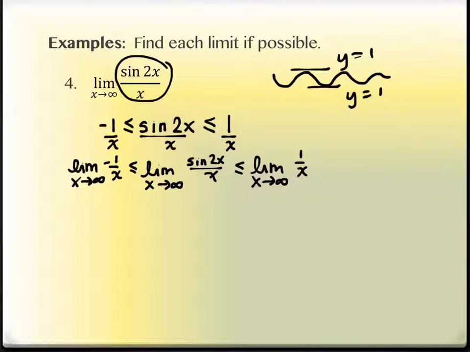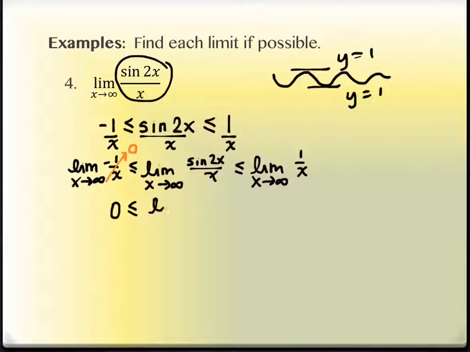So why do we like this? Well, we like this because the limit on the left as x approaches infinity of -1 over x is 0, right? Because this looks just like the other ones we were dealing with when we were getting 0. So this is 0 on the left.